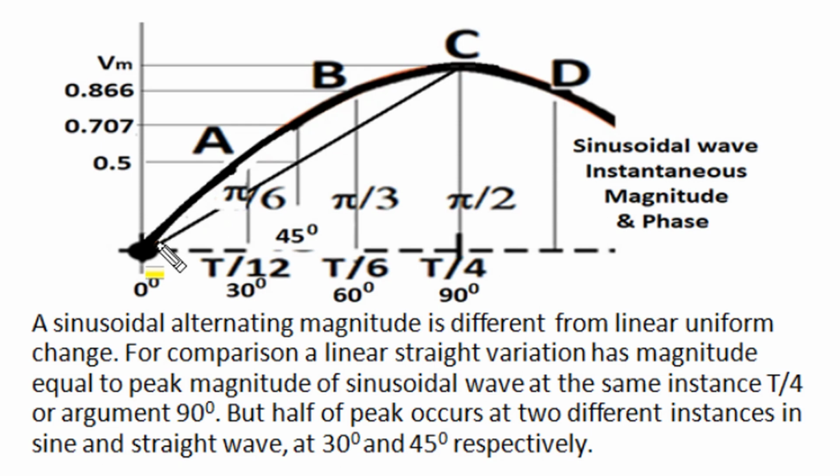It is most important to understand that a sinusoidal variation from 0 to A, B and C in this first quarter of positive half cycle is different from linear variation of magnitude. In sinusoidal variation, when instantaneous magnitude is crossing zero value, its rate of change is high and it attains 50% value in 1/3 angular measurement, or at 30 degree position only, whereas in linear variation 50% value will be obtained in half of quarter variation, that is at 45 degree.